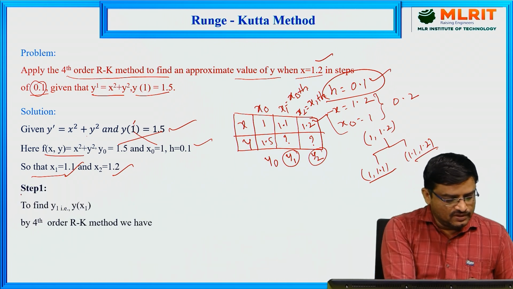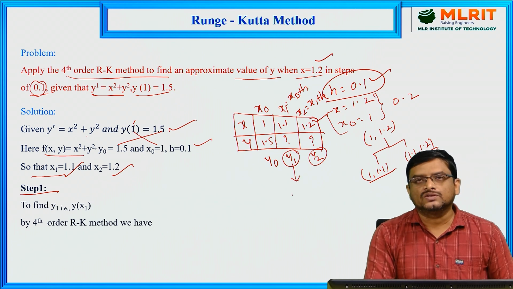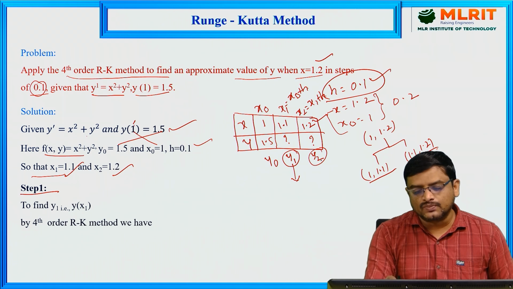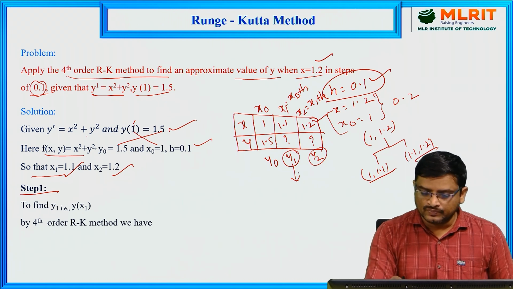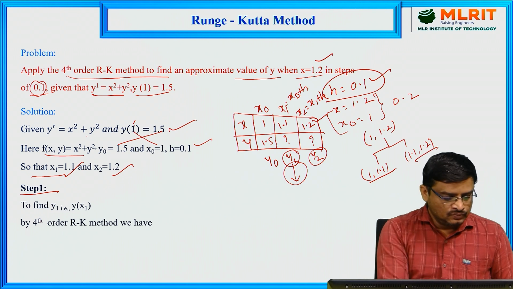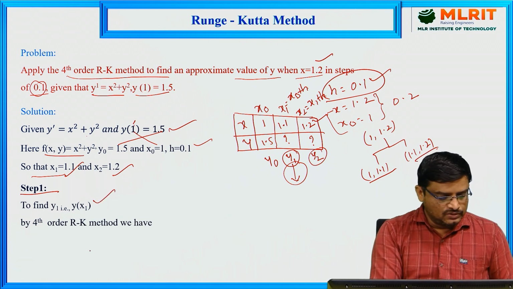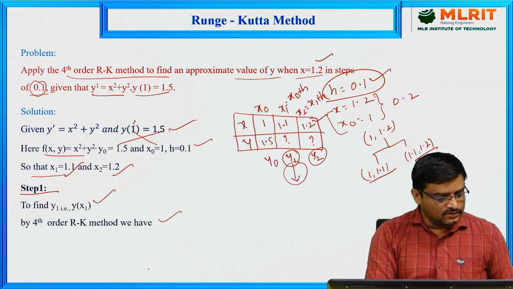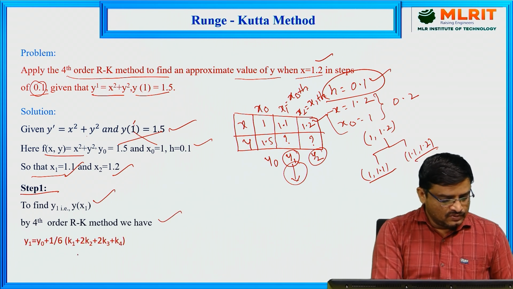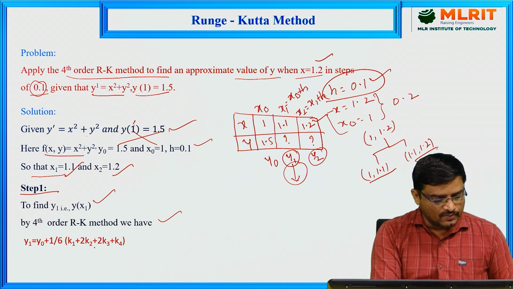Now step 1. I am interested in finding y1 first, because only after finding y1 is it possible to get the y2 value. To find y1, that is y of x1, by using the RK method, take the formula: y1 is equal to y0 plus 1 by 6 into k1 plus 2k2 plus 2k3 plus k4.